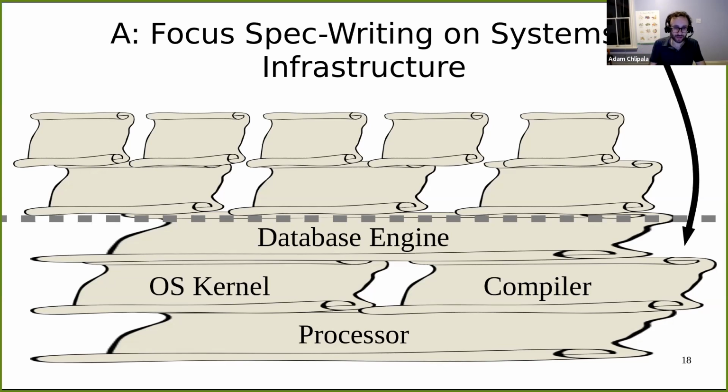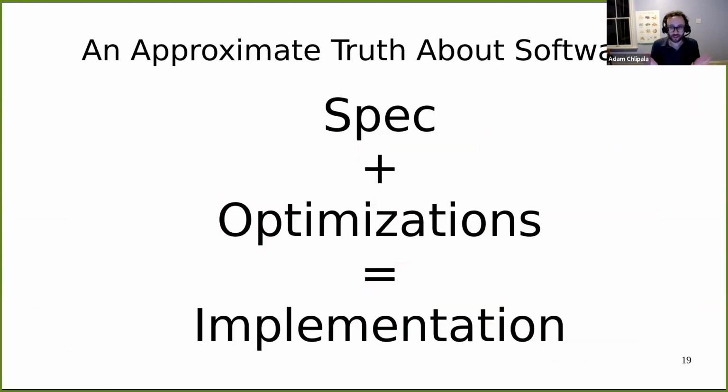That's really the key to this. This is somewhat of a glib oversimplification, but I would say, what's the gap between a spec and an implementation? It's optimizations. So the more optimization a system has, the more opportunity for having a dramatically simpler spec that makes it worthwhile to do formal verification.